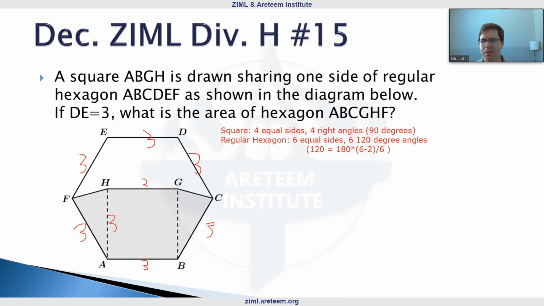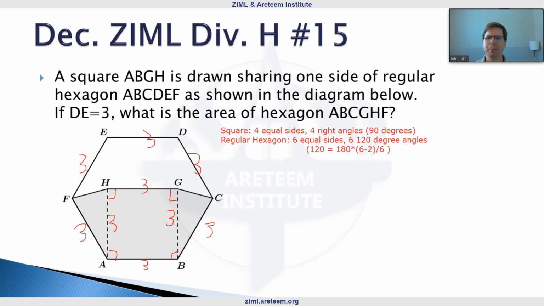So all of the sides of the square are also equal to 3. Drawing in those right angles as well, we definitely know everything we need to know about that square. So the square ABGH definitely has an area of 9. We can keep that in mind immediately there as well.